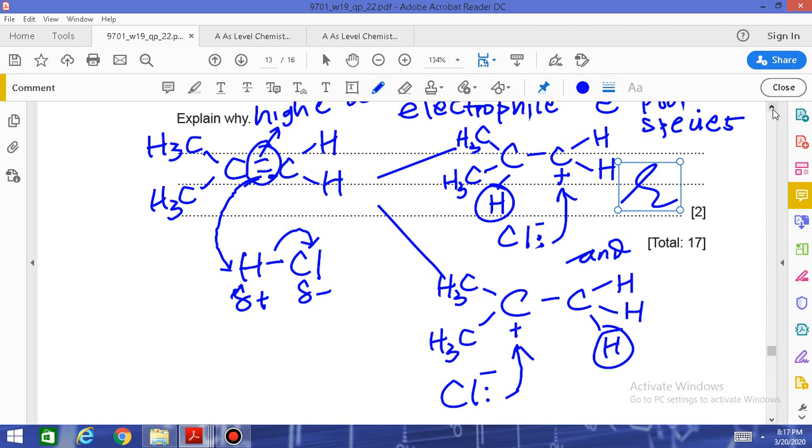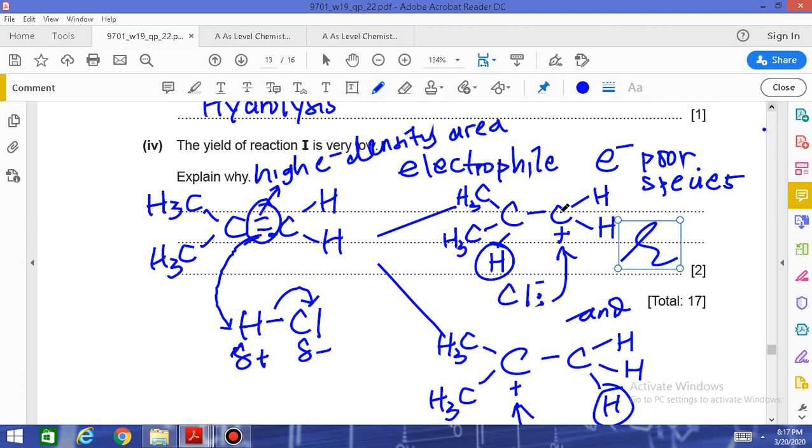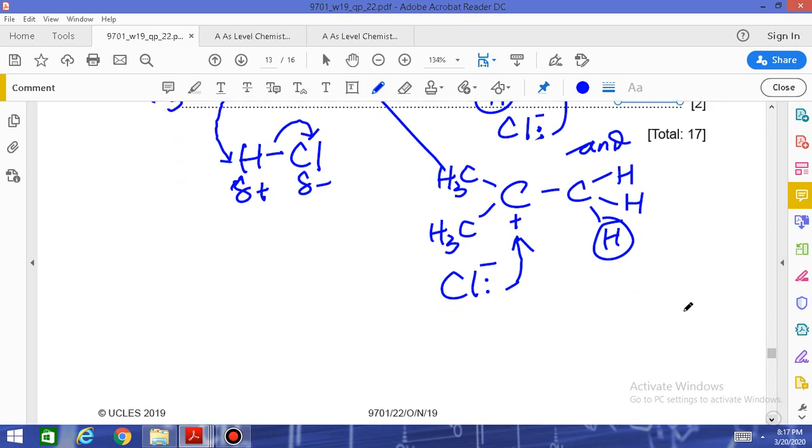Now, is this a primary, secondary, or tertiary carbocation? This is a primary carbocation because it is bonded to only one carbon atom, while this one is a tertiary carbocation, because it is bonded to three carbon atoms or three alkyls.